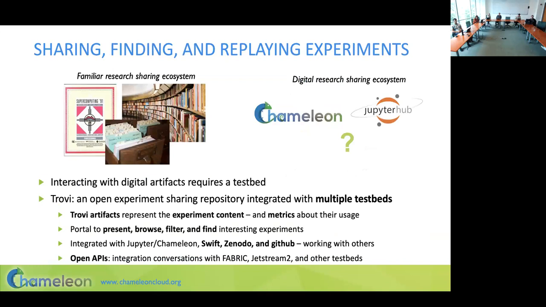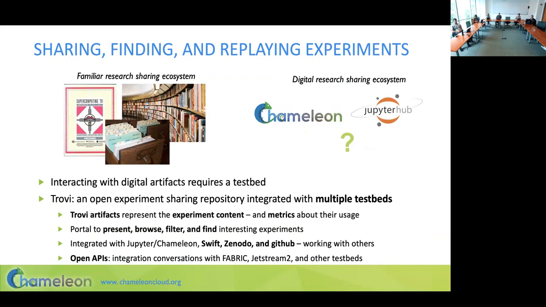So then you want those experiments to be findable, but how are they going to be findable? And this is, again, an area where we feel the infrastructure can help, right? Because if you think about sharing papers, we're all equipped to read papers, right? All we need is a pair of eyes to read a paper.